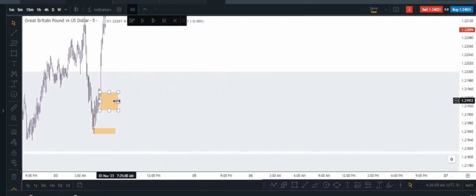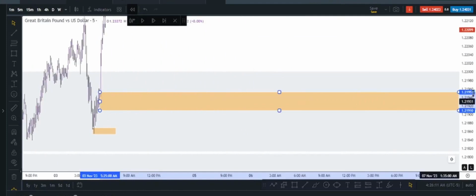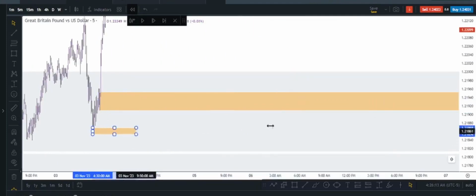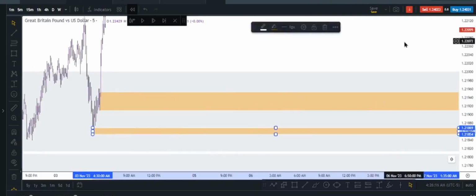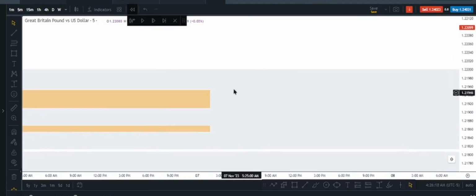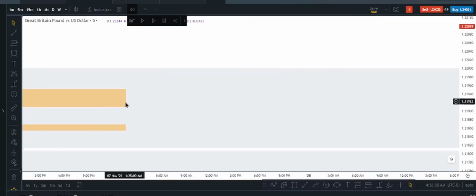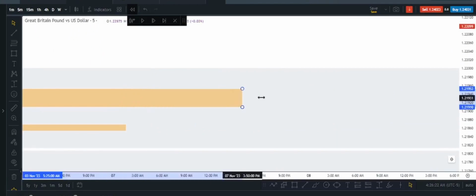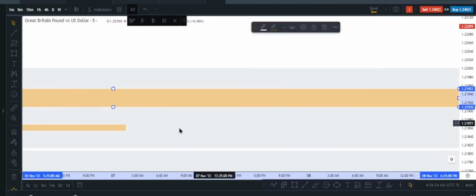Reason being that this 1 hour DOB is too large. All right, it's too large. So we want a refinement of this OB. So let's continue to see where.